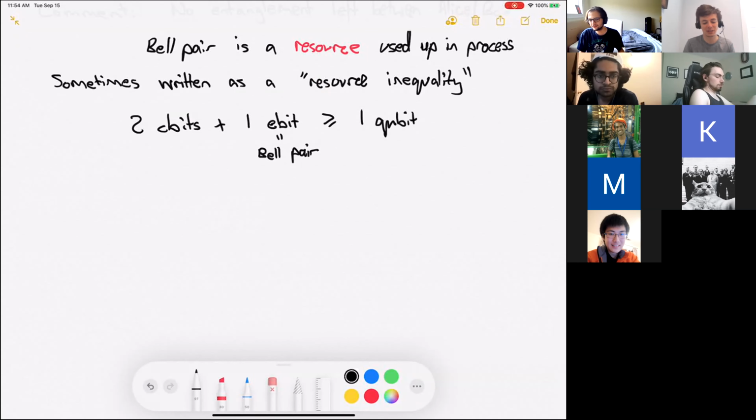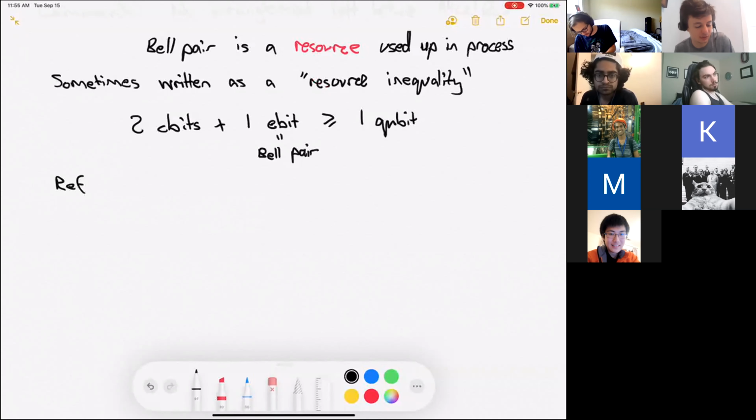So reflexive just means that A is greater than or equal to A. That's true, right? If I can send one qubit from Alice to Bob, I can use that to send one qubit from Alice to Bob. So that one's fine. And the other one is transitivity, which says if A is greater than or equal to B and B is greater than or equal to C, then it must be the case that A is greater than or equal to C. Let's maybe write this down.